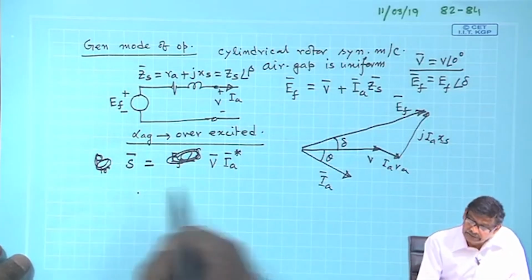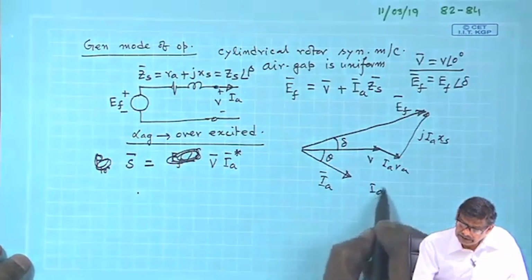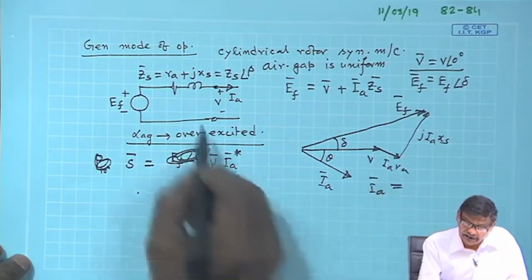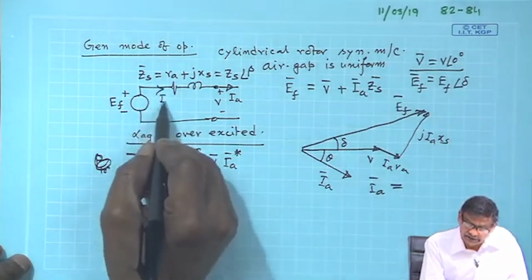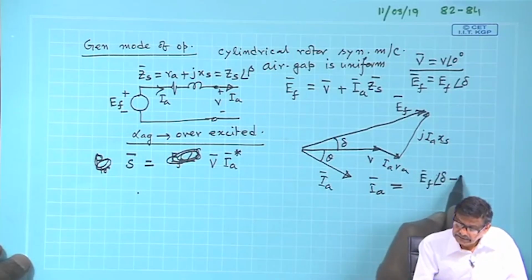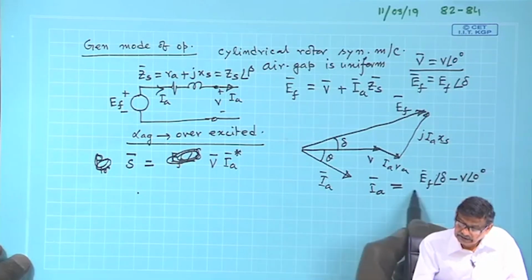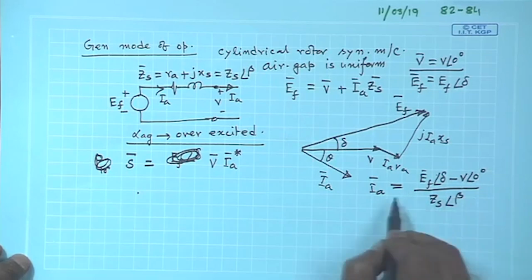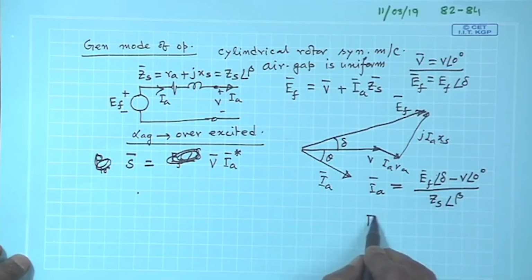And then what I did, I just wrote I A is this way. So, I A should be equal to E f angle delta minus V angle 0 degree divided by this Z S angle beta. This is I A. So, I A star is needed.